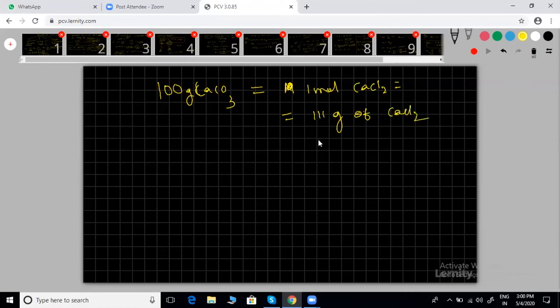So in the given solution, 111 grams equals 100 ppm. If you have magnesium sulfate, can you calculate its weight? 96 plus 24, 120 grams. And 120 grams of magnesium sulfate equals 100 grams of CaCO3.